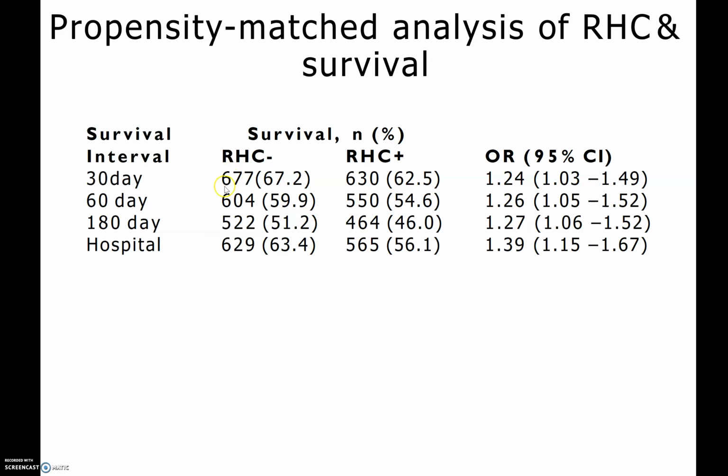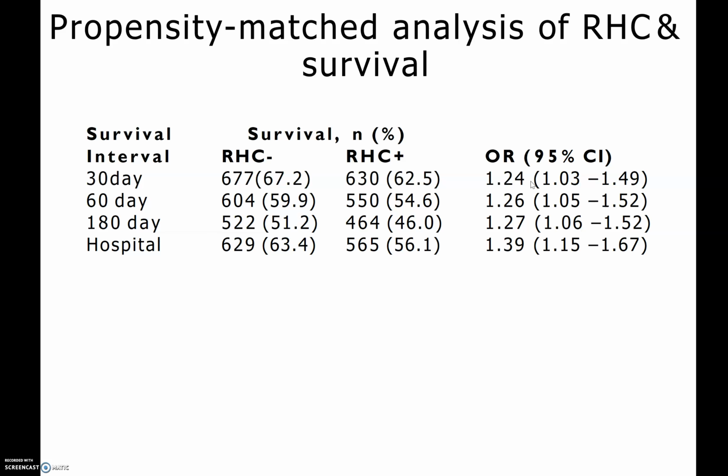Here they're giving the number that survived at 30 days, 60 days, 180 days, and those who left the hospital. Obviously, we presume they survived after leaving the hospital. We get the number for RHC negative and RHC positive, and then the odds ratio, not relative risk, comparing that.